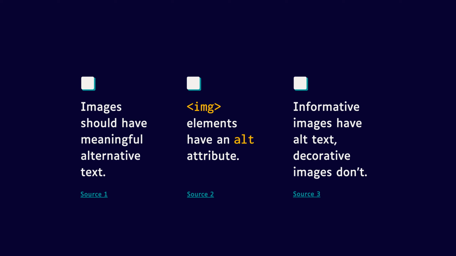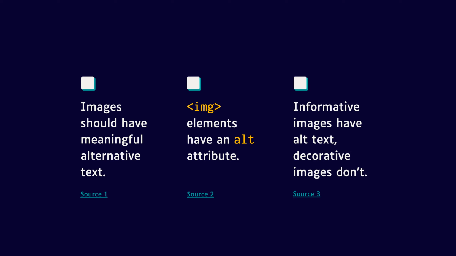Now, if we take the second example, it says image elements have an alt attribute. And here it's thought of as a very technical thing. This requirement really refers to HTML tags and alt attributes inside HTML. So in a way, it's much more precise. It's focusing heavily on a technology. And that also means that this cannot work for every product. I mentioned I'm working on a mobile app. We don't have images and alt attributes in the technology we use.